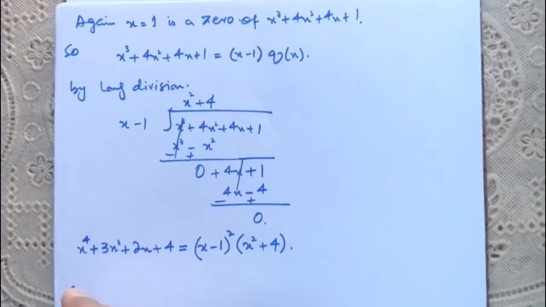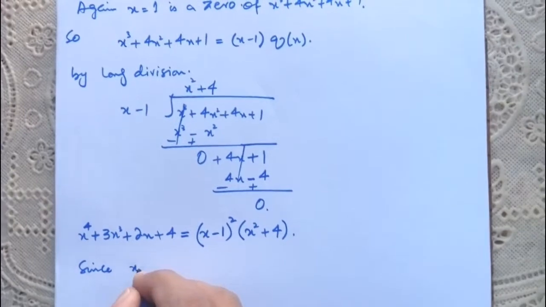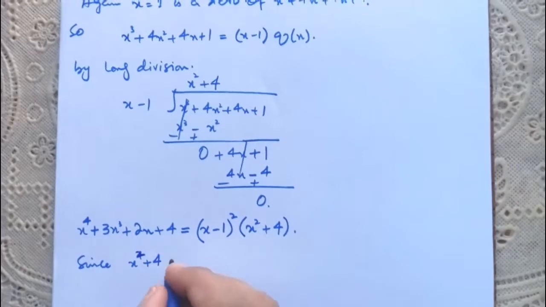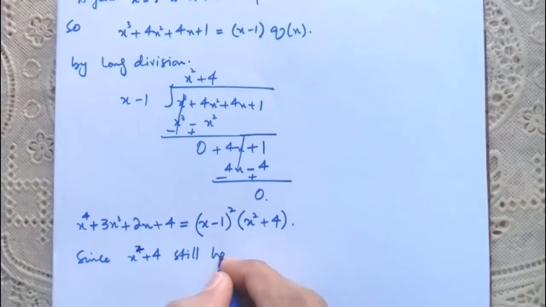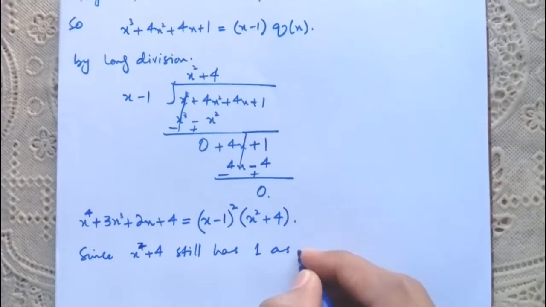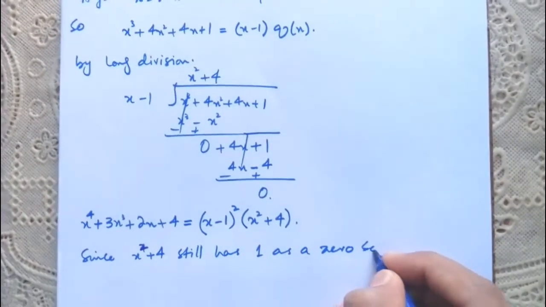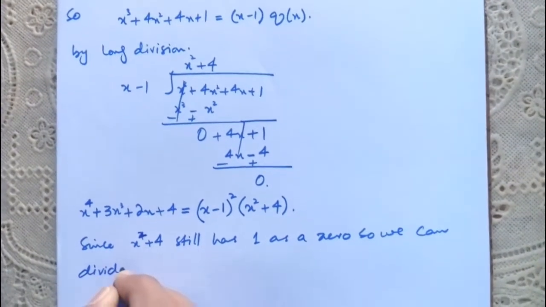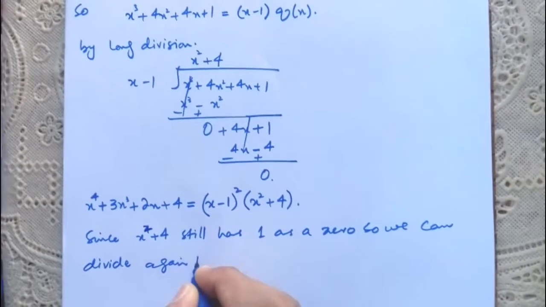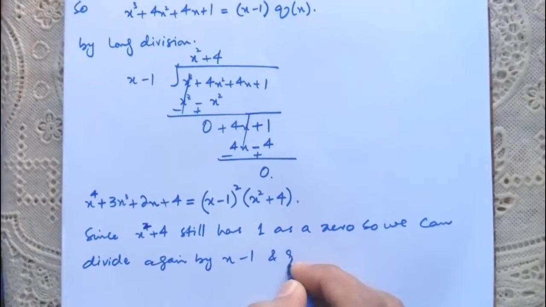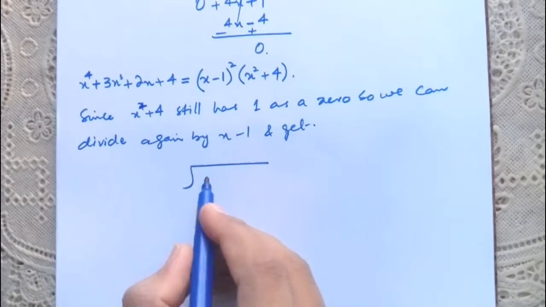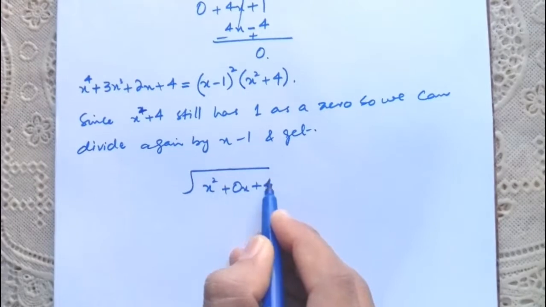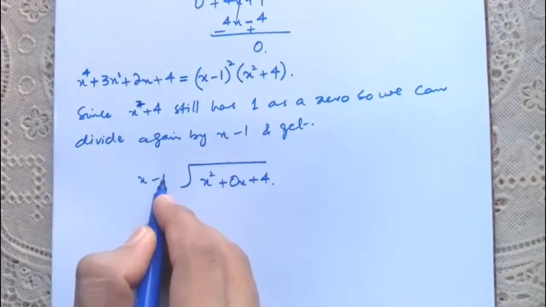So by long division, since x^2 + 4 still has 1 as a 0, we can divide again by x - 1. We have x^2 + 0x + 4 divided by x - 1.